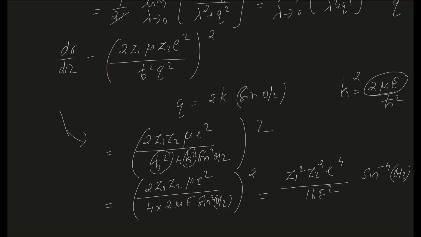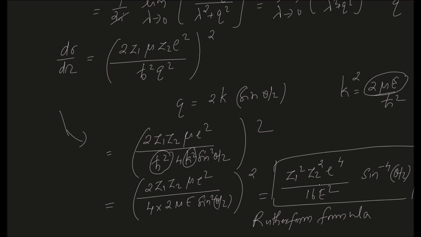This relation is known as the Rutherford formula for Coulomb cross section, or the Coulomb scattering. So this is the expression we were looking for: for two charged particles with charge Z1e and Z2e, when scattered through some angle theta, the differential scattering cross section is given by the Rutherford formula, this equation.